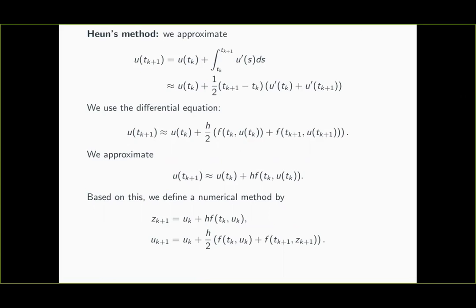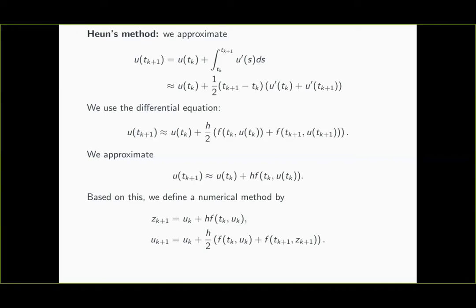And because implicit methods, for all their merits, come with some theoretical and computational complexity, we are also interested in an explicit method based on the trapezoidal rule. The most important example for that is Heun's method, which was developed in around 1900 by the German mathematician Karl Heun. So this starts off very similar to the Crank-Nicolson method.